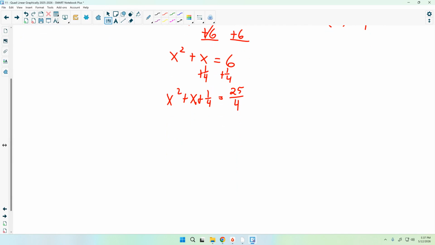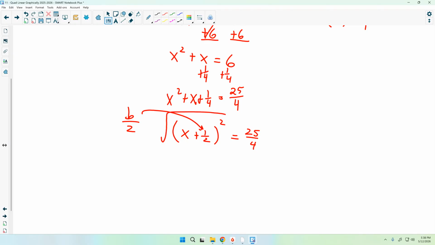Perfect square trinomials always factor in the form of x plus or minus a constant, squared, where that constant value is always b over 2. So in this case, that's going to be plus 1/2. So x plus 1/2 squared equals 25/4. Our next step is to take the square root of both sides.